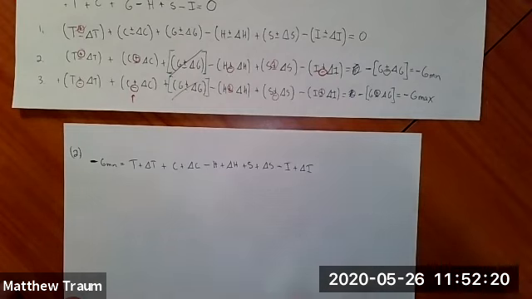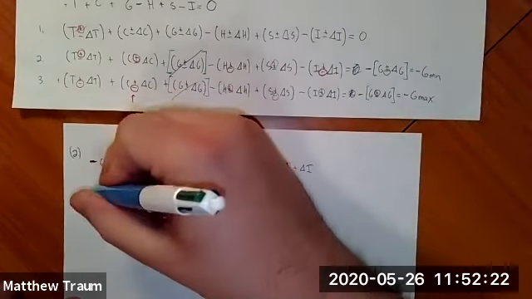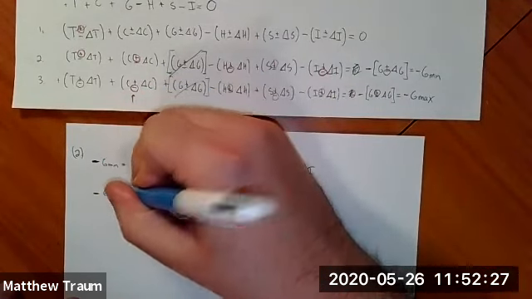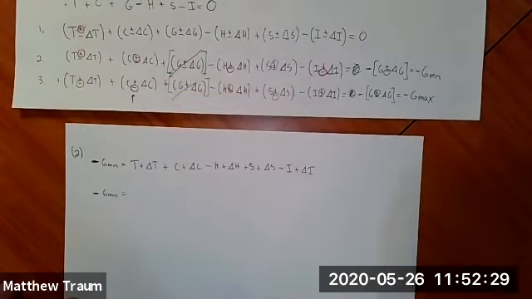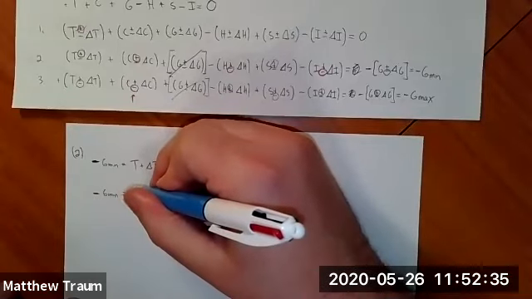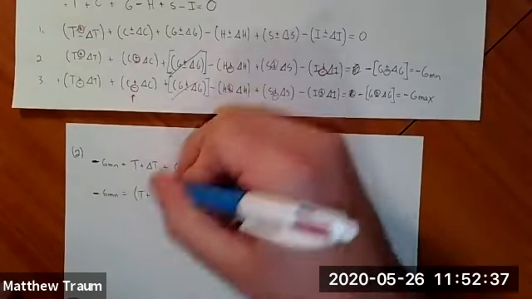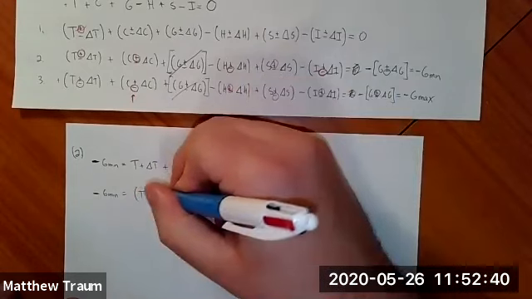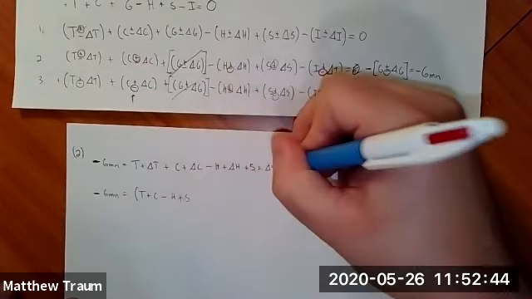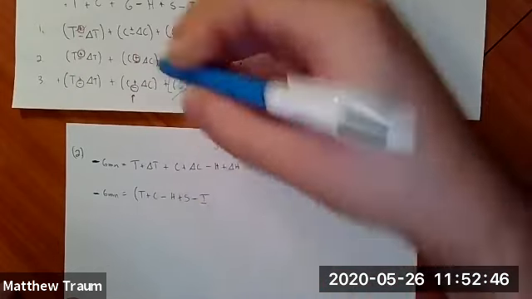So now I'm going to write another line. I'm going to write minus G min, and I'm now going to put all of the nominal dimensions together and all of the tolerances together. And you'll see why this is another time saver. So it's going to be T plus C minus H plus S minus I. Did I get them all?